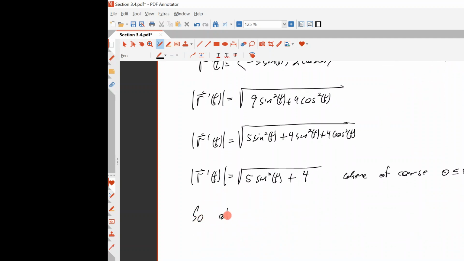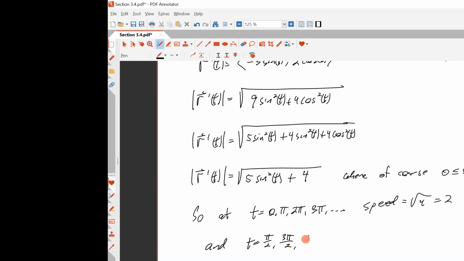So at t equal to 0, pi, 2 pi, 3 pi, etc., speed is equal to square root of 4, which is 2. And at t equal to odd multiples of pi over 2, 5 pi over 2, 7 pi over 2, etc., speed is square root of 4 plus 5, which is equal to 3.